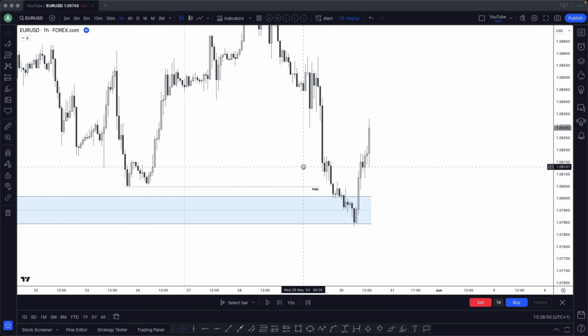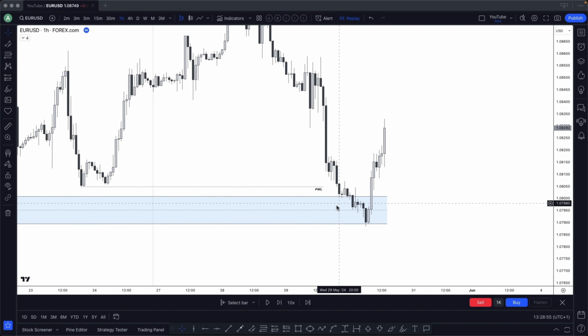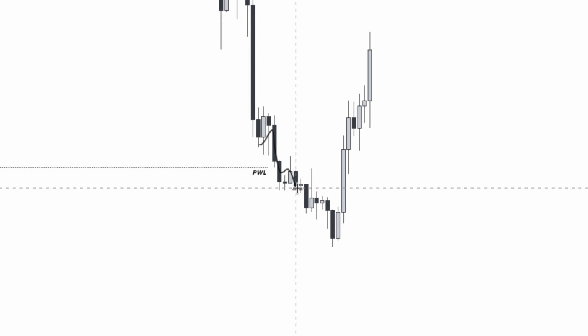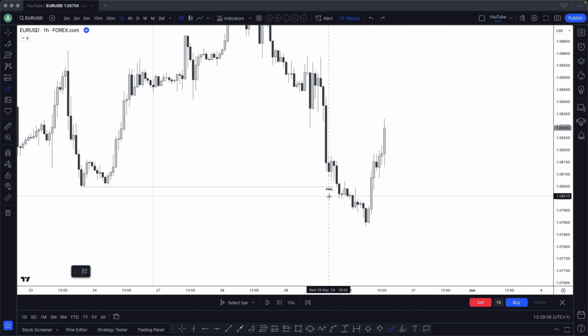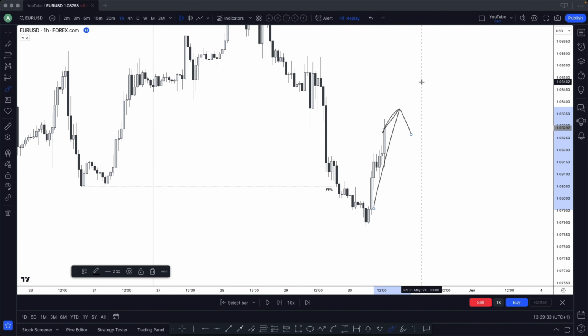I simply saw this previous weekly low break, and what did we see after price broke that previous low? We saw price begin to correct and slow down. But after we see that big break of external liquidity, naturally we would expect some sort of reversal, some sort of pullback in price.